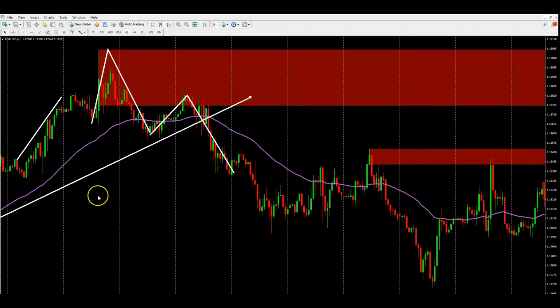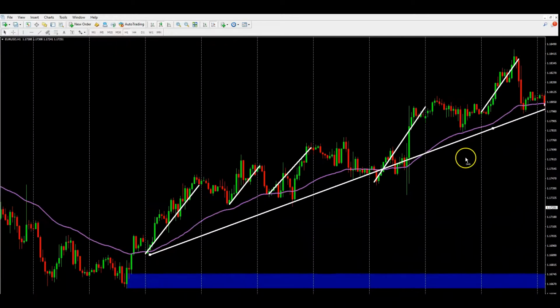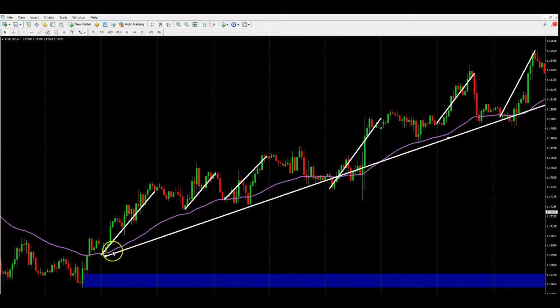Okay, let's look at this. This price is above the 50 EMA. This day, this day, this day, this day, even this day, it came out to trick so many novice traders.